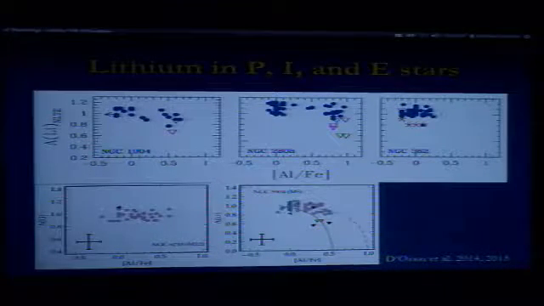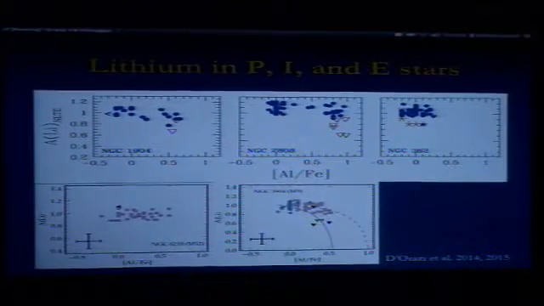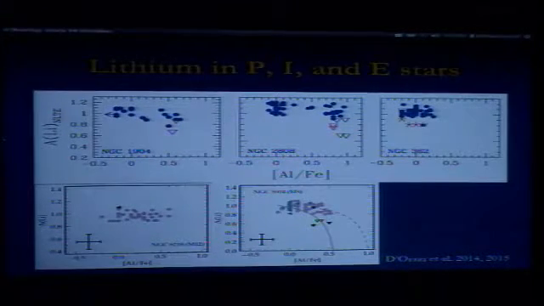normal field halo stars. For the extreme stars, it seems that there is a depletion of lithium, but the problem is that for the intermediate stars, which are here, lithium is not strongly depleted. Okay? And how can you have this region here, while you expect that most of the possible polluters destroy lithium?